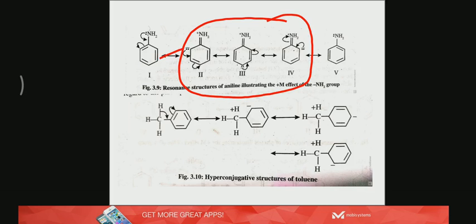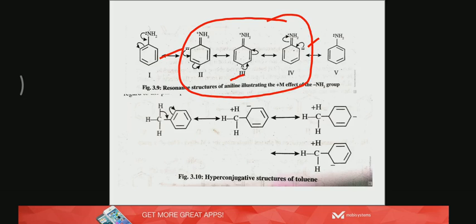Here there's negative charge, here there's negative charge, and here there's negative charge at ortho para positions. So during the mechanism, the electrophile will preferably attack there. That's why activating groups are ortho-para directing. It's very clear.